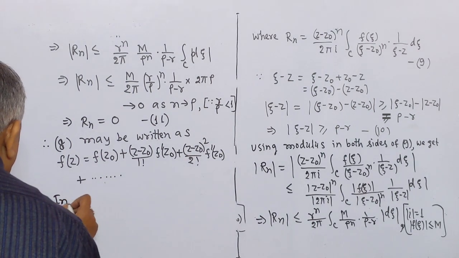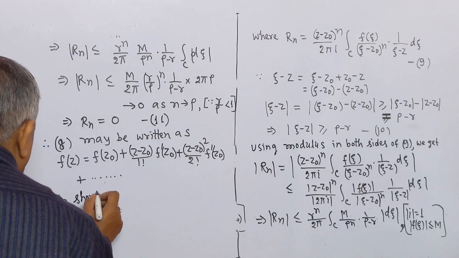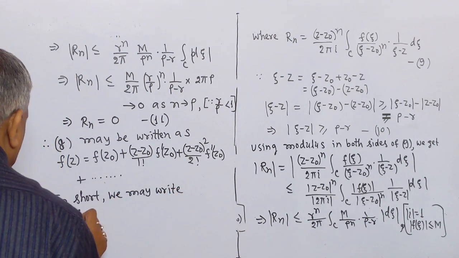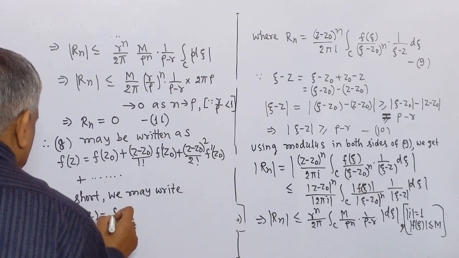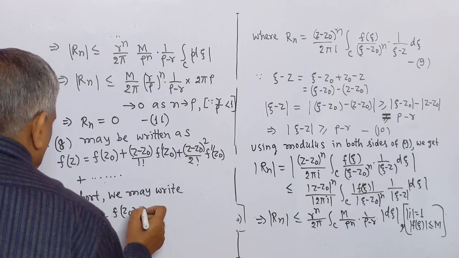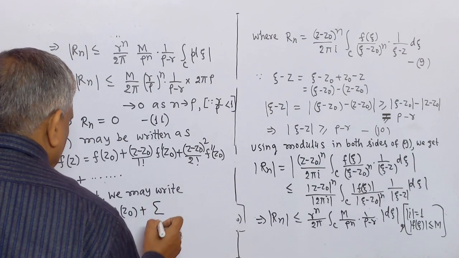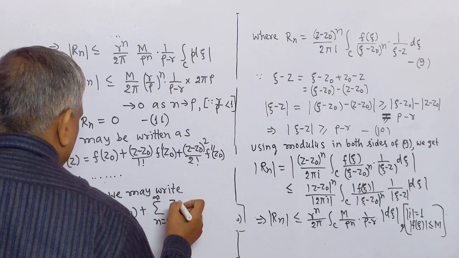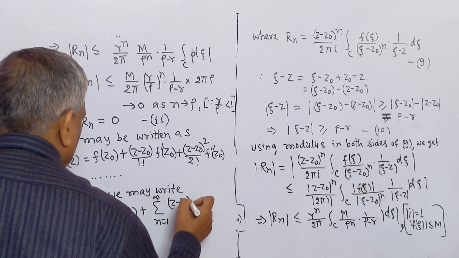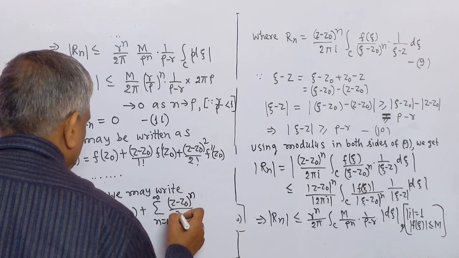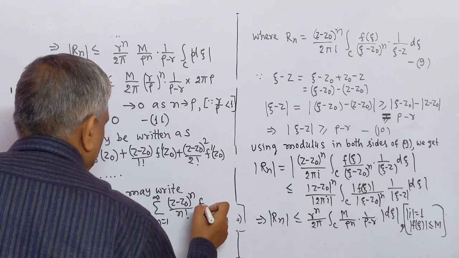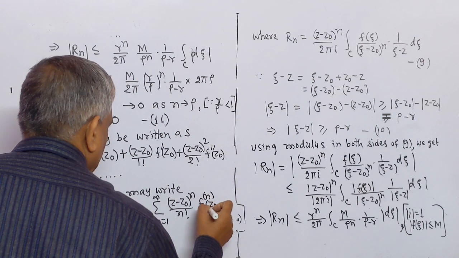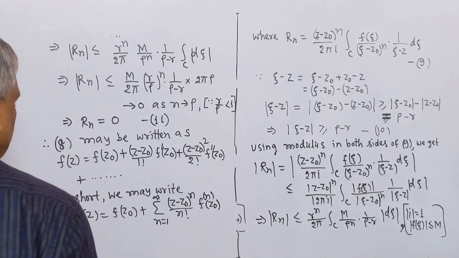In short, we may write f(z) equals f(z₀) plus the sum from n equal to 1 to infinity of (z − z₀)ⁿ by factorial n, times the nth order derivative of the function at the point z equal to z₀. So proved.